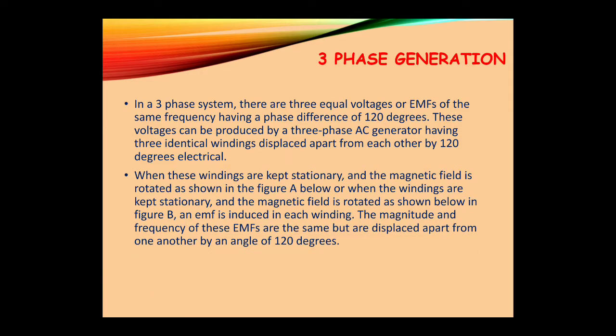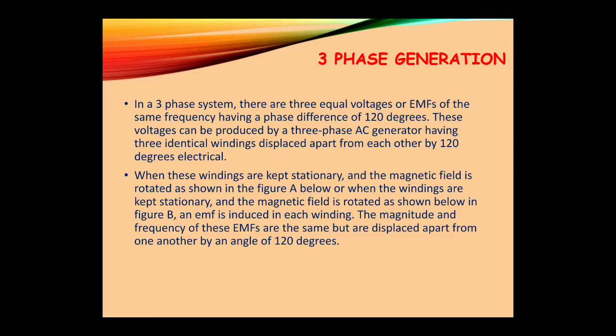When these windings are kept stationary and the magnetic field is rotated, as shown in figure A, we can see it in the next slide, or when the windings are kept stationary and the magnetic field is rotated, or vice versa, as shown in figure B, an EMF is induced in each winding.